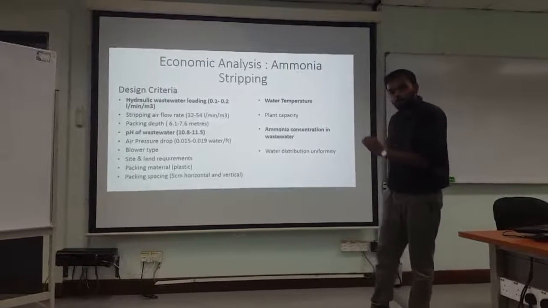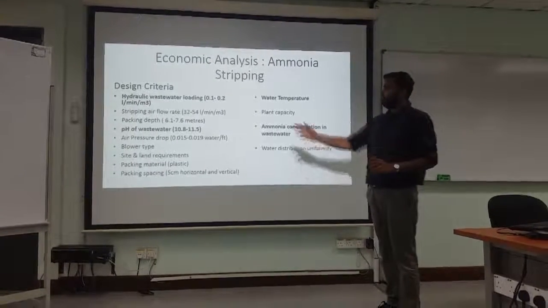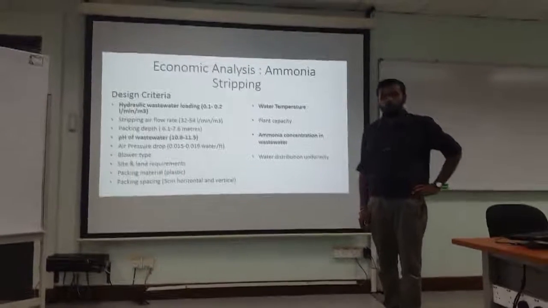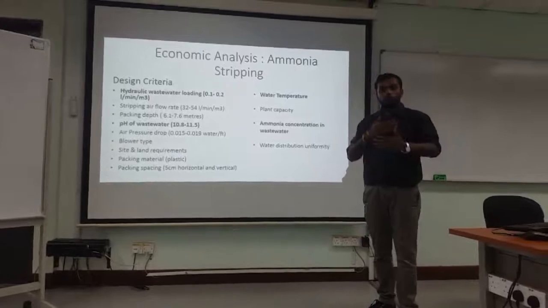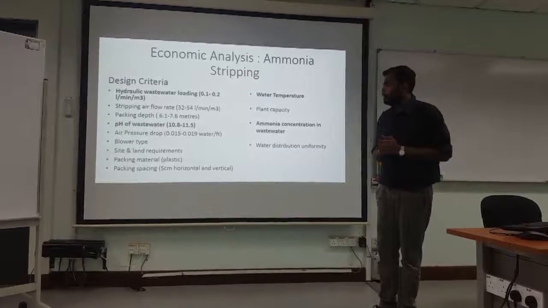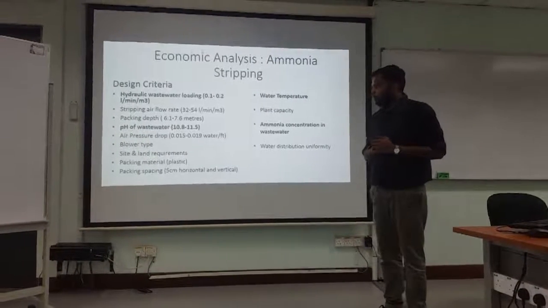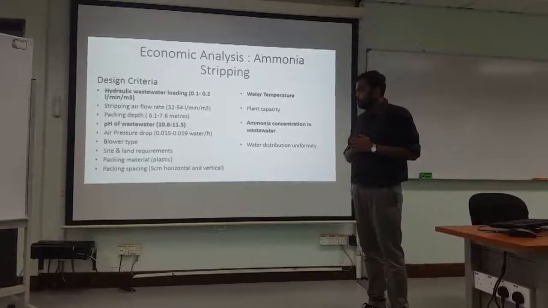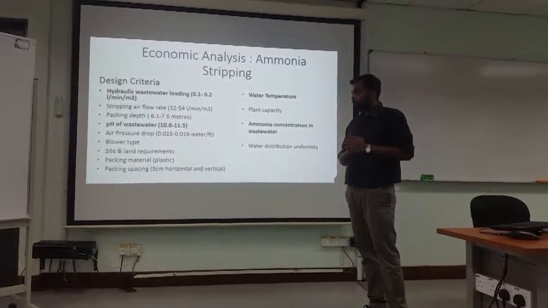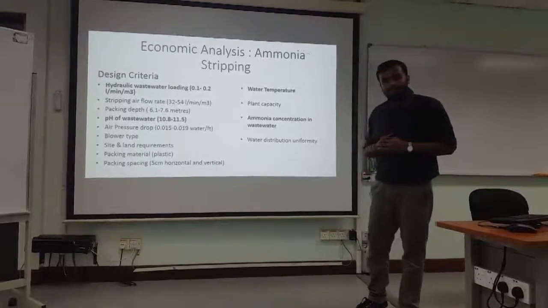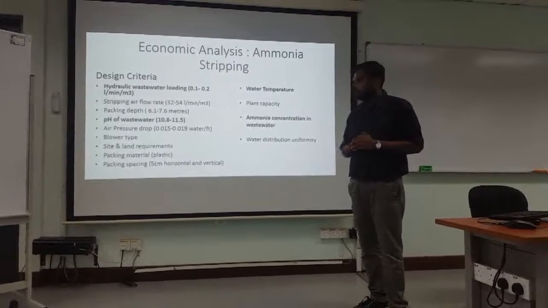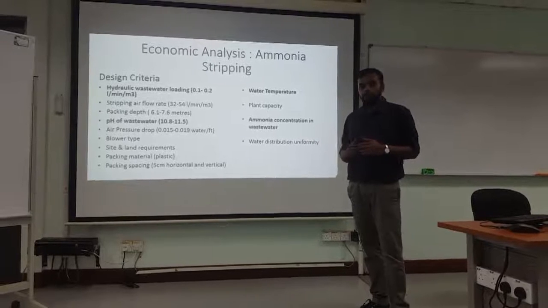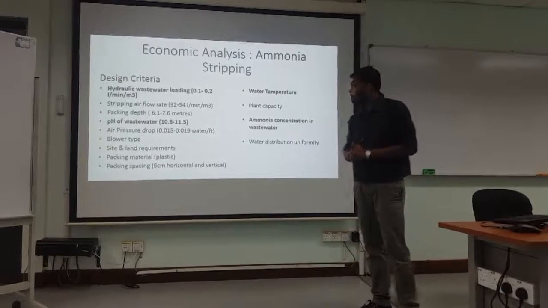It should be 10.8 to 11.5. The pH should be optimum because it affects the cost of the air stripping column. The second is the air pressure drop. It should be 0.015 to 0.019 water per feet. The blower type, the site and land requirements, and the packing material, which should be plastic. Packing spacing should be 5 cm horizontal and vertical.